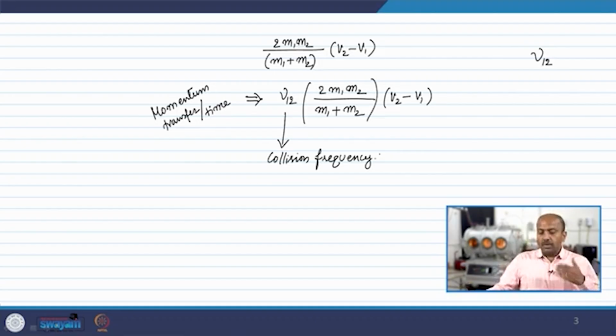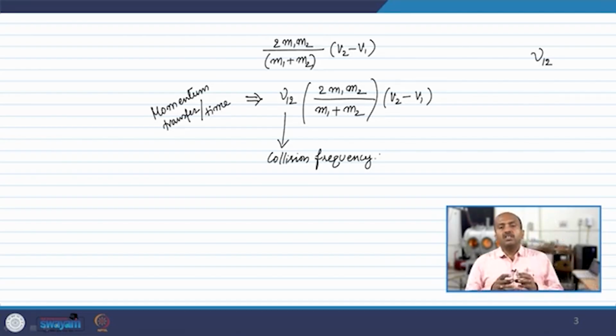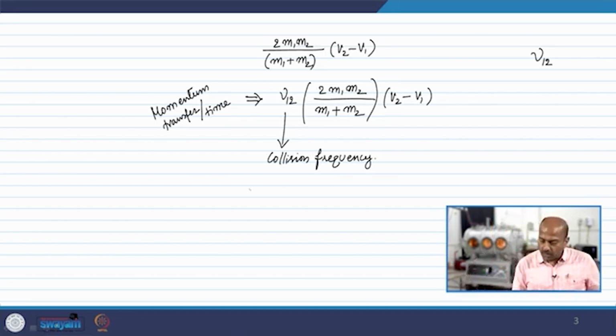Then, if there is a momentum transfer, we can estimate the force that is being exerted on species 1 due to species 2. That means the force experienced by species 1 when they collide with species 2. Let us call that force F12.